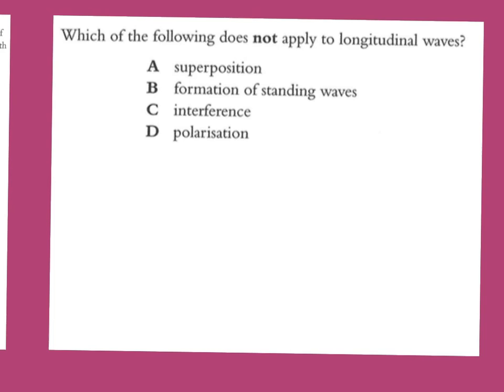All right, so hopefully you got polarization. Superposition: we know superposition works because we can add different amplitudes together. It doesn't matter whether the particles are moving up and down or side to side. A good example of this is if you've ever listened to two speakers going at the same time.